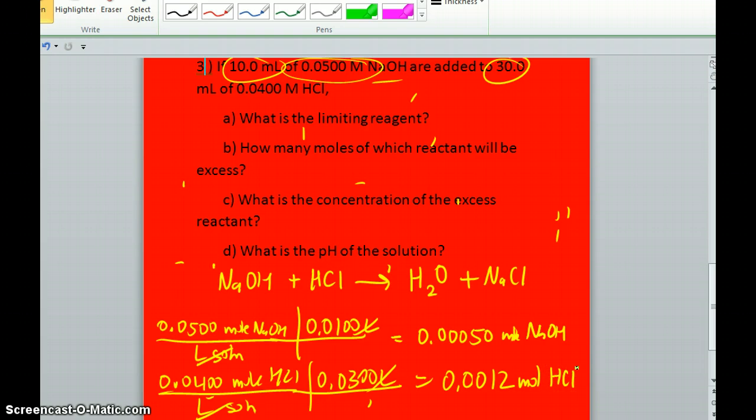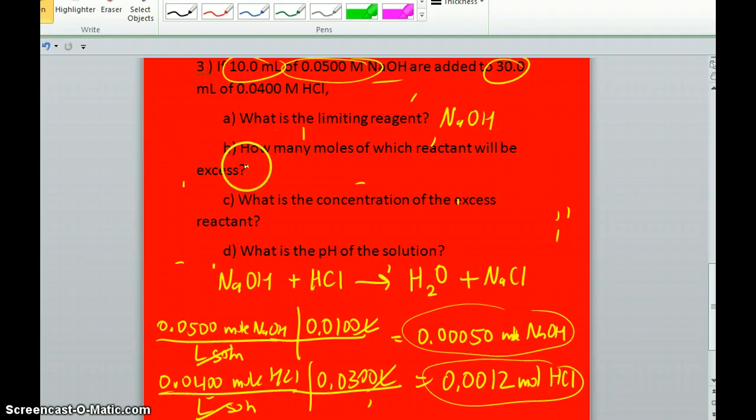Now we can answer the first question, who's limiting? Because we need these two in a 1-to-1 ratio stoichiometrically, but this is a much smaller number than this, which means we're going to use up all of the sodium hydroxide long before we use up all the hydrochloric acid. So answer to part A is sodium hydroxide is limiting.